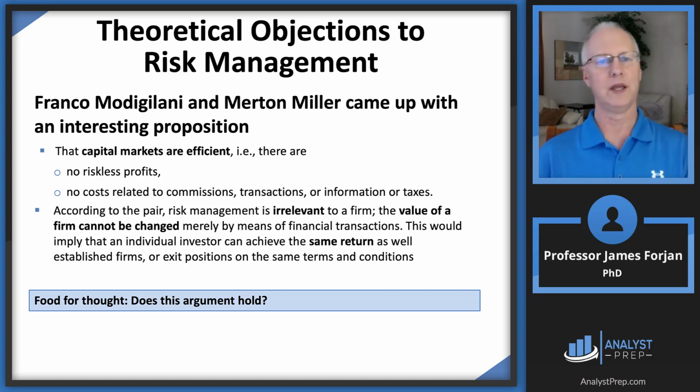But what gets all of the attention is their capital structure irrelevance propositions, in which they said, if you consider a world that doesn't contain things like taxes or transaction costs or bankruptcy costs or agency costs, and we call that the M&M world, if you consider a world in which capital markets are efficient, then there are no opportunities for risk-free or riskless profits.